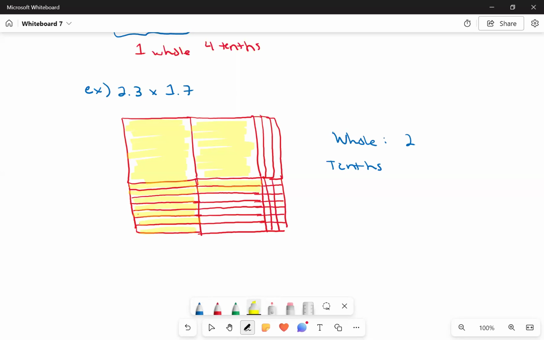So that's a total of 14 plus these 3. So that's 17/10. Here, I'm going to do this actually in red, not blue on that one too. Okay. 17/10.